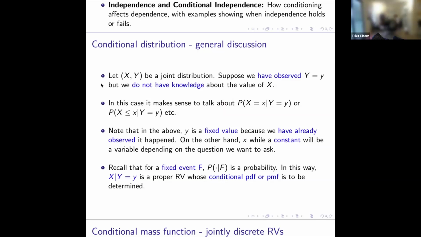Y is a fixed value, Y is known, while X is really a placeholder. X is there just to calculate probability. In fact, it should be replaced by a dot because we will change X for a fixed value of Y. When we do that, we have a conditional distribution. Any question?